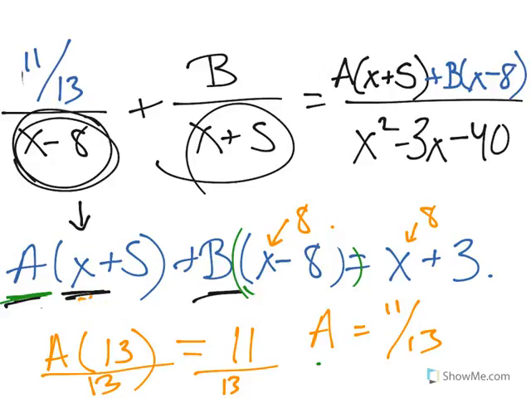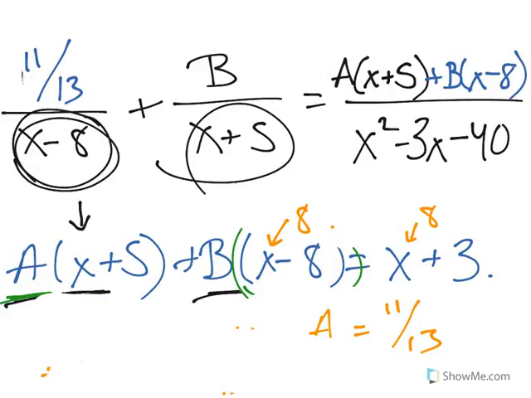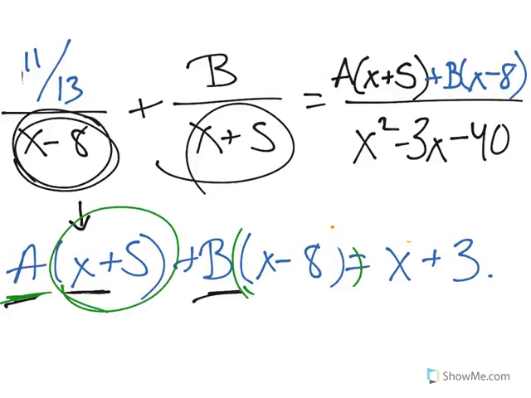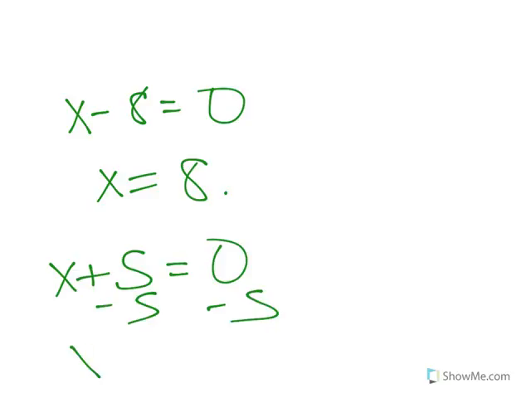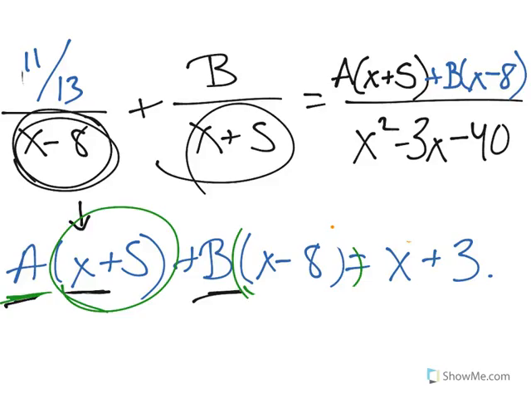Now we do exactly the same thing to find b. So what would make x plus 5 equal to 0? So x plus 5 is equal to 0. Subtract 5 from both sides and you are left with x is equal to negative 5. So we must plug in negative 5 for x, and that way negative 5 plus 5 is equal to 0 times a is equal to 0, so I'll leave that out.